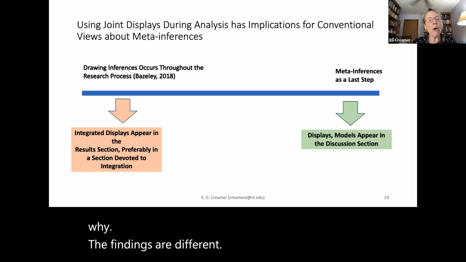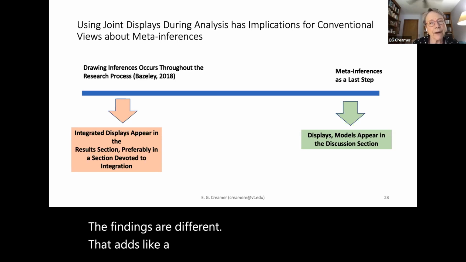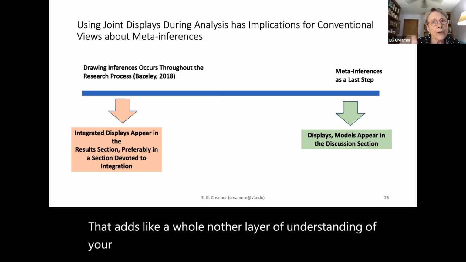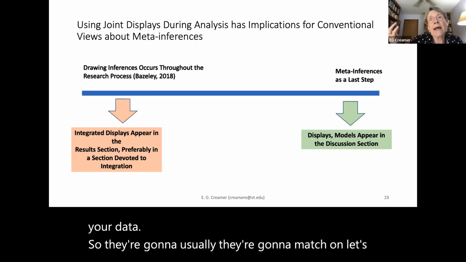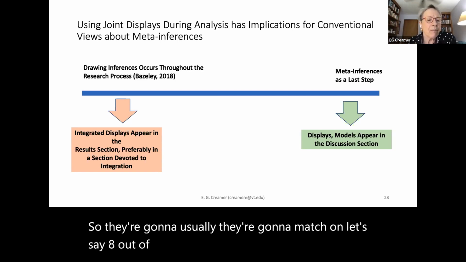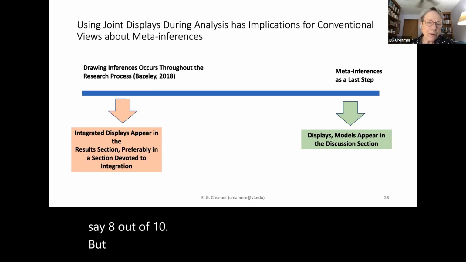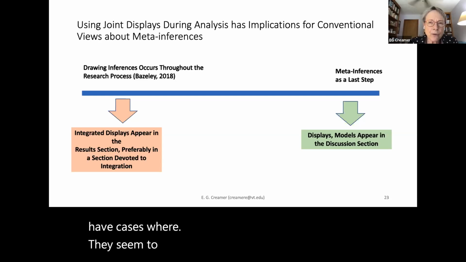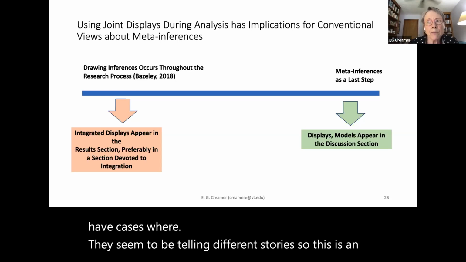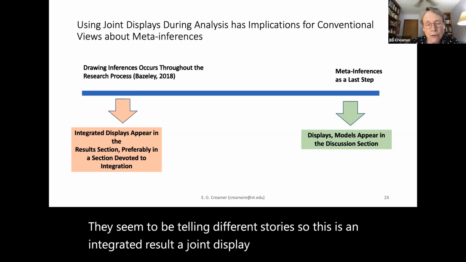That adds a whole other layer of understanding of your data. Usually they're going to match on, let's say, 8 out of 10. But particularly when it's complex, you're always going to have cases where they seem to be telling different stories. So this is an integrated results matrix, a joint display.